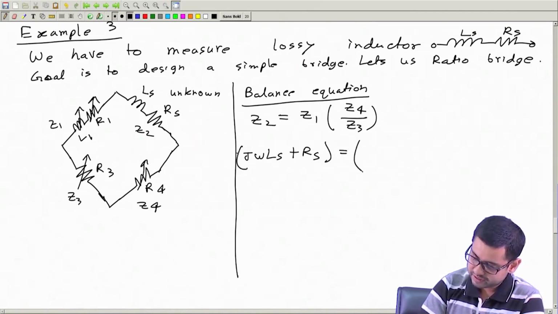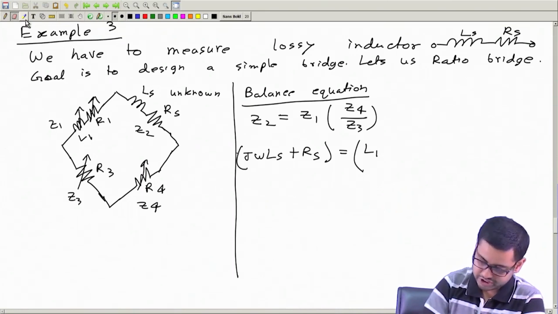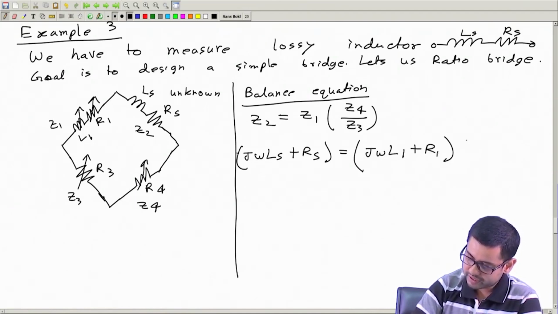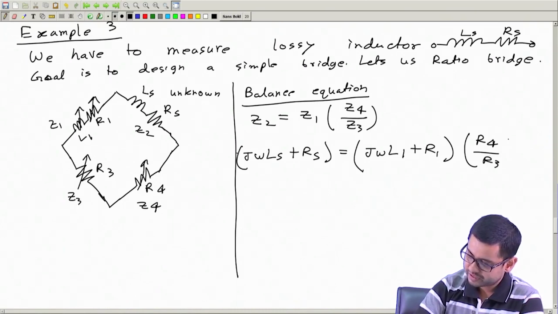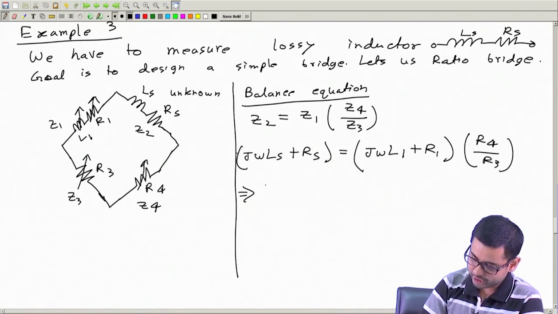Here we write Z1 same as j omega L1 plus R1 multiplied by R4 by R3, and from this we can directly write Rs, this unknown.